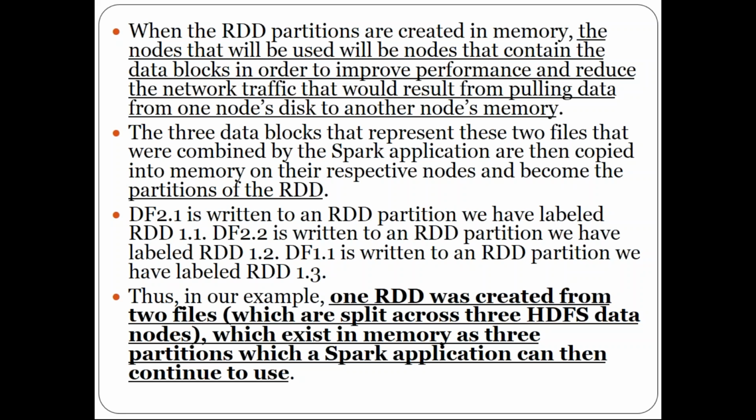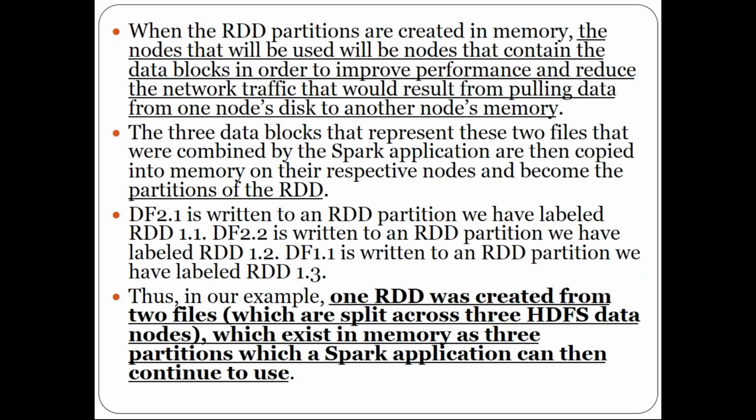Here in Spark, the node that will be used is nothing but the node that contains the data blocks. Here we are improving performance: if your data node and your Spark in-memory working node are the same, you do not have to move the data from the disk of that node to the memory of another node.